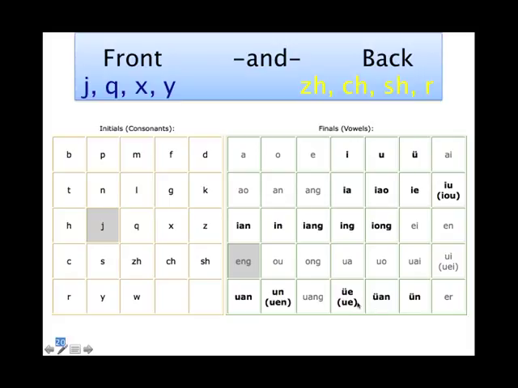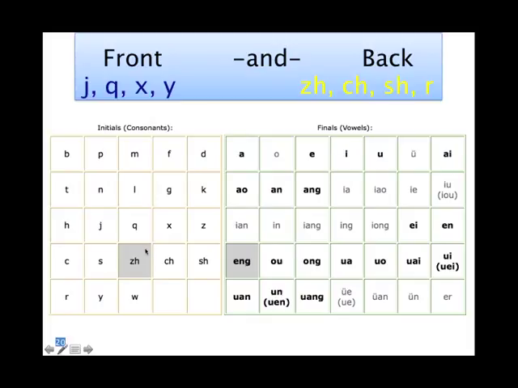Do you notice anything? All of the ones that J, Q, X, and Y can occur with start with a front vowel. E, or the letter I, or U. The only reason these are highlighted is because they would also be pronounced with an umlaut even though you don't write it.